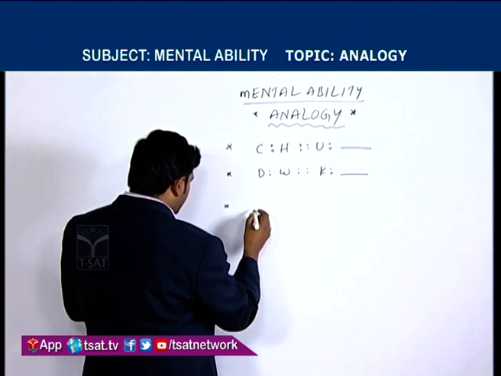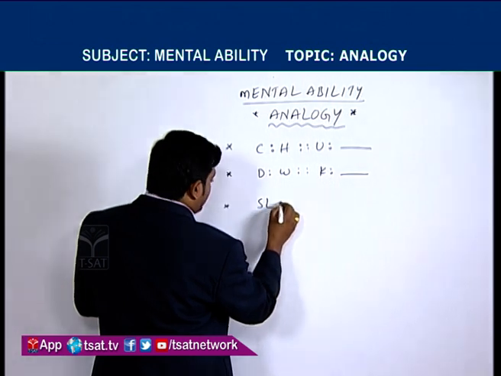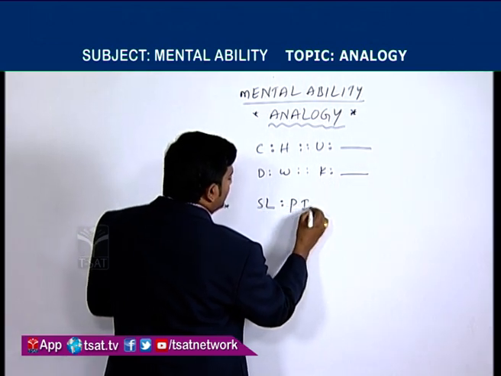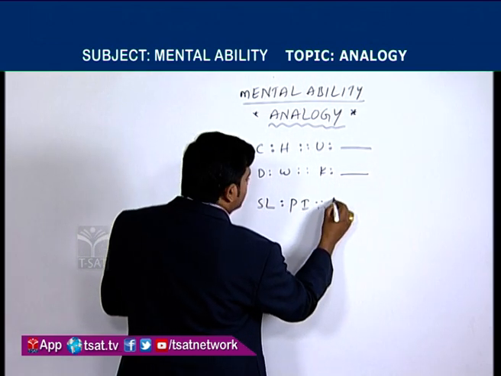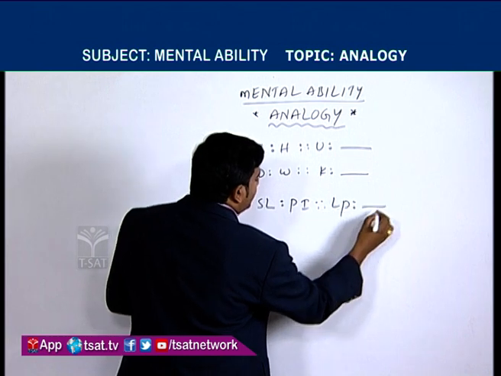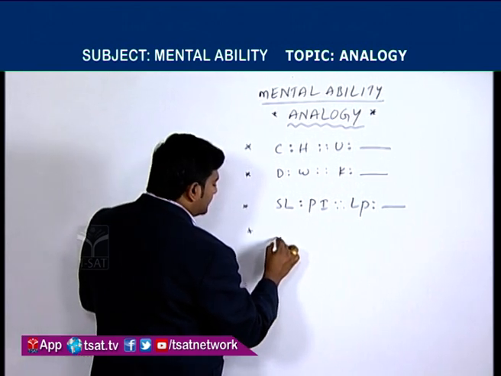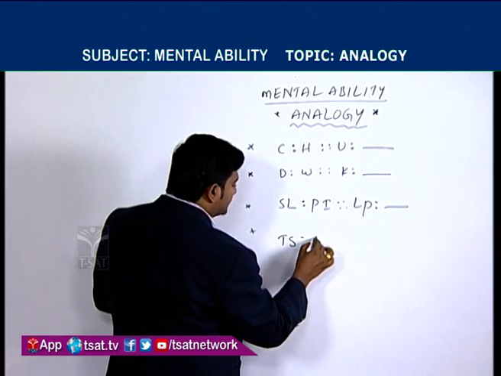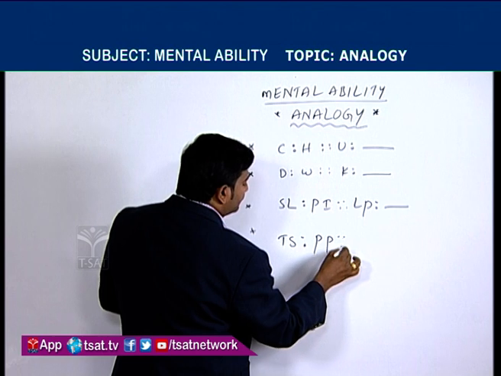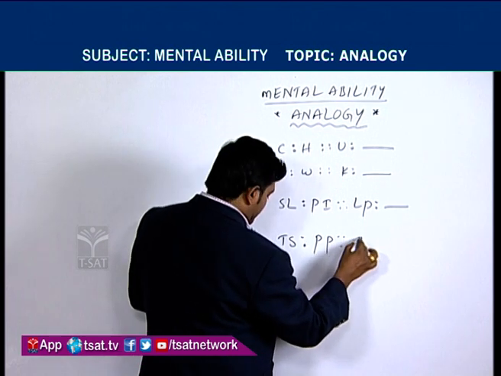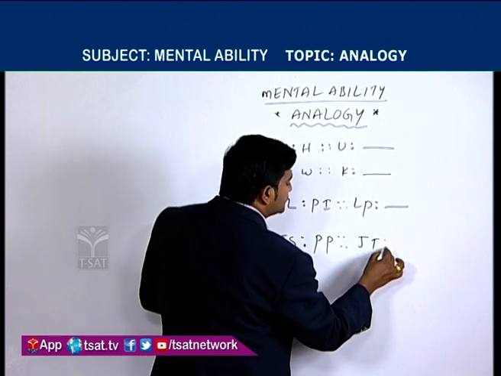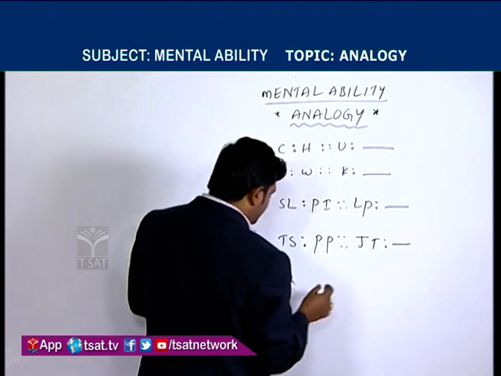So now third one, S L is to P I is as L P is to dash. Okay. So now next question is T S is to P P is as J T is to dash.